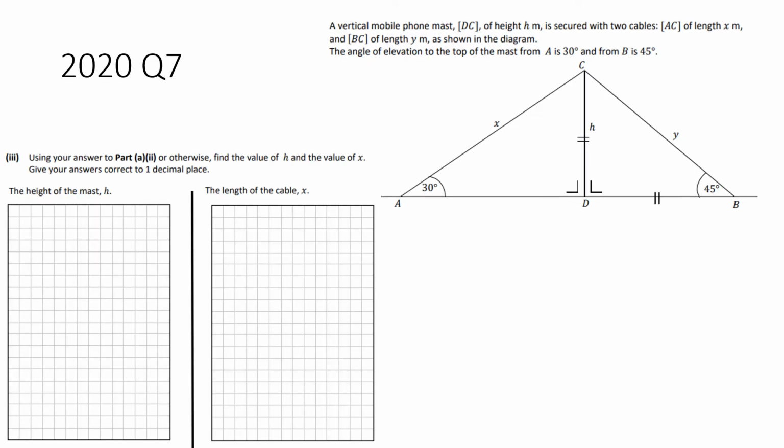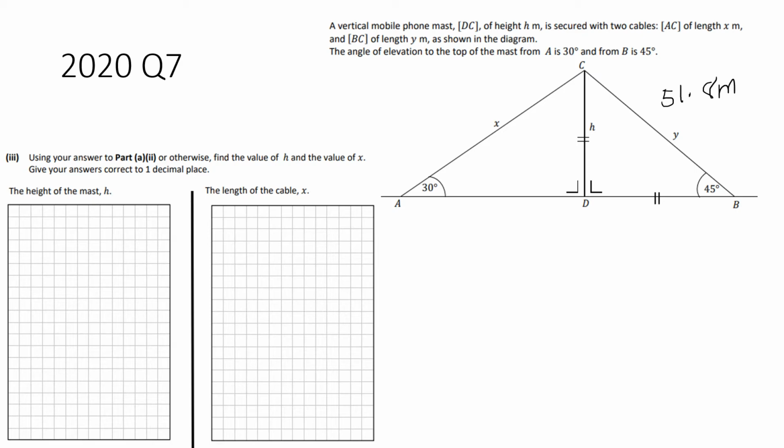For part 3 then, use your answer from part 2 to otherwise find the value of h and the value of x. Give your answer correct to one decimal place. So we're trying to find the height here. We can use the 51.8, which we said was here, which is now y.